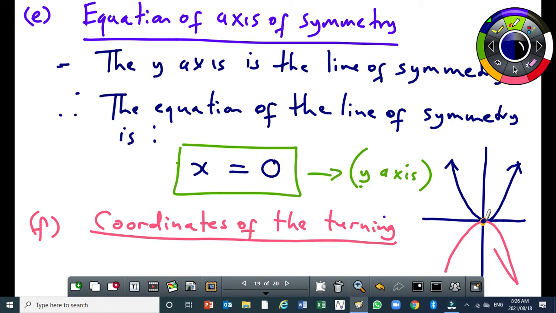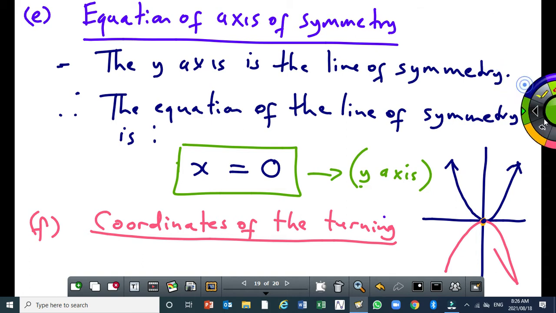To go back to the general equation, remember, yesterday I spoke about the general equation. It's y equals ax squared plus q. So this q here, it is the y-intercept. It is also the value of y at the turning point. It is also a value that determines the vertical shift.